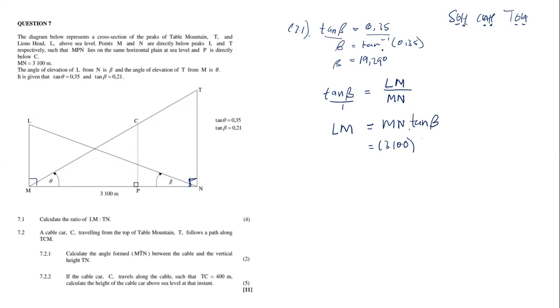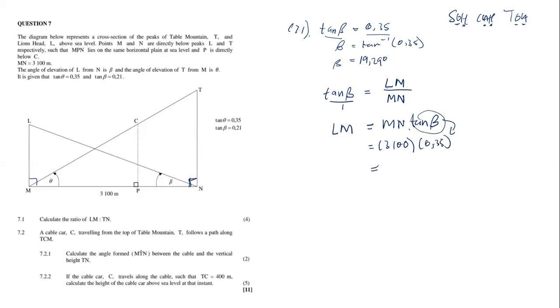Even if you substitute your beta, which is 19.29, it is still fine, but it's going to be easier to substitute 0.35, because remember, tan beta is equal to 0.35. Or you can say tan 19.29, since I have already determined the magnitude of beta.